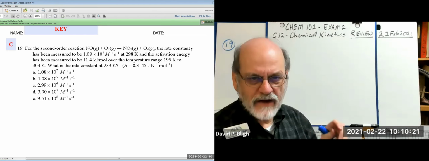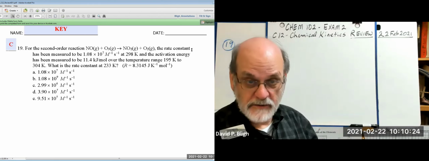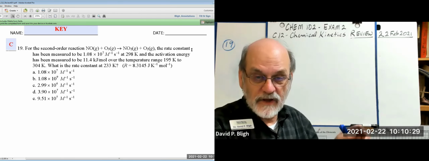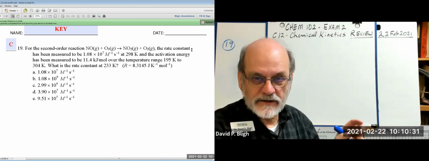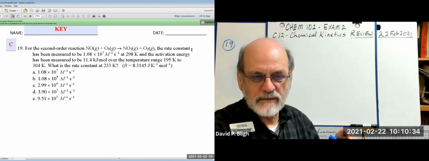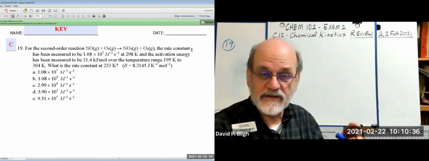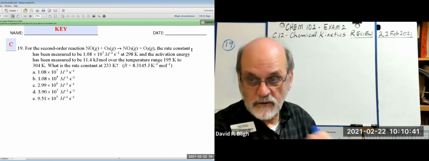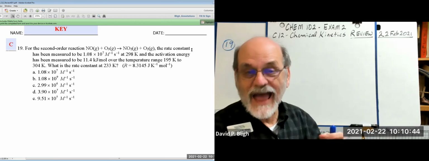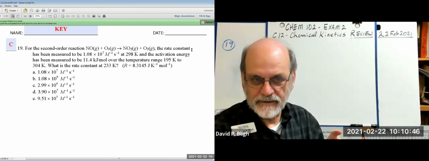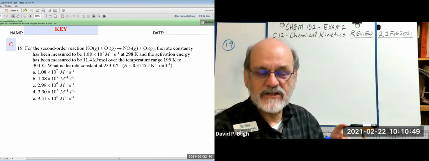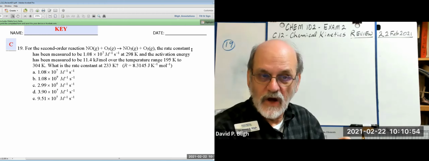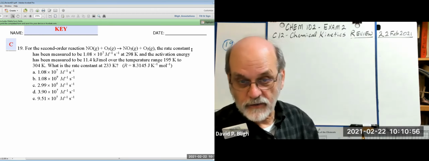For the second order reaction, nitrogen monoxide plus ozone yields nitrogen dioxide plus diatomic oxygen. The rate constant has been measured to be 1.08 times 10 to the 7th, molarity reciprocal, seconds reciprocal at 298 K. And the activation energy has been measured to be 11.4 kilojoules per mole over the temperature range from 195 to 304.